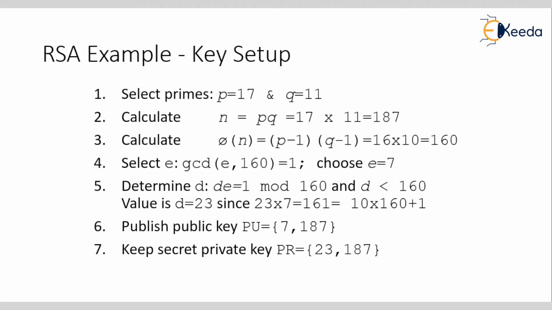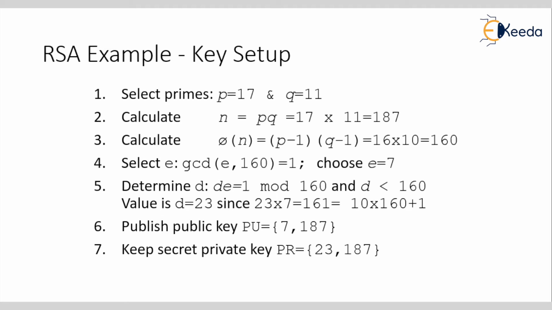We then have to select a value of e such that the GCD of e and phi of n equals 1. Once we get e, we have to determine the value of d, which is nothing but d times e equals 1 mod 160.